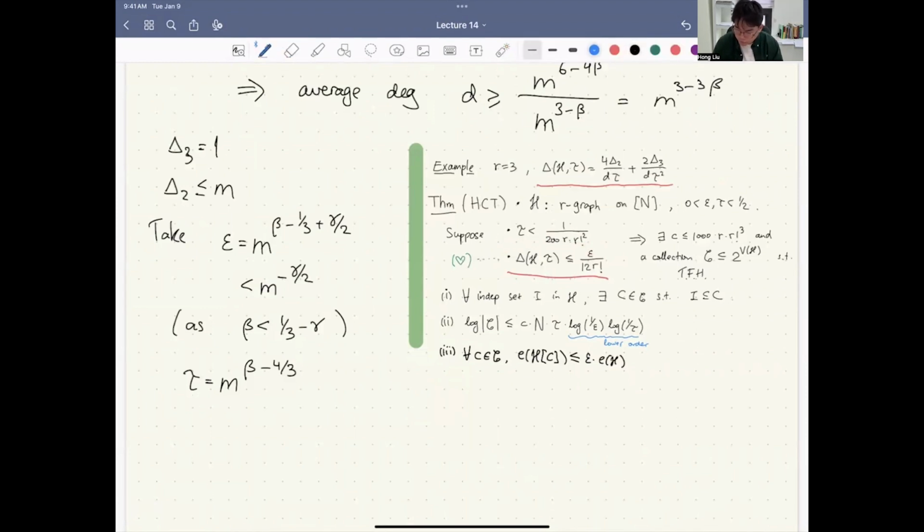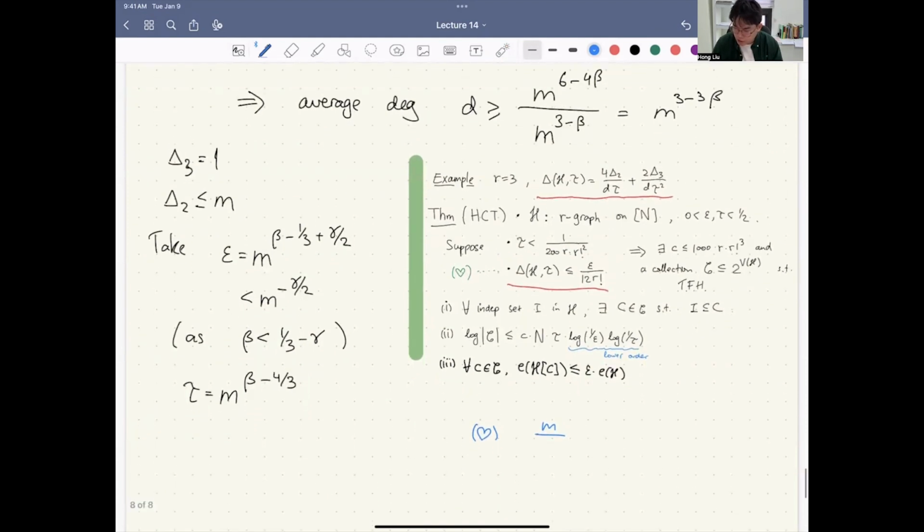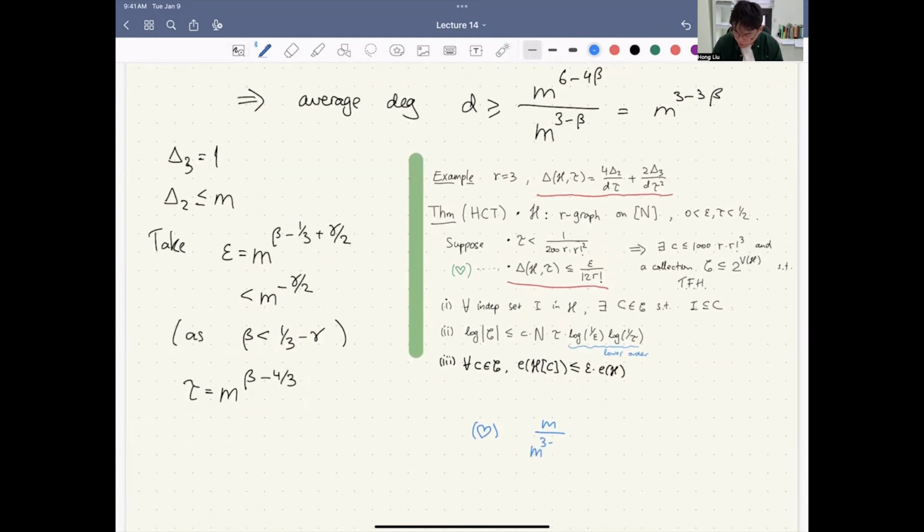So what you want is delta 2. Checking this, delta 2 is m over average degree d, which is m to the 3 minus 3 beta, plus delta 3 is 1, m to the 3 minus 3 beta, times tau. Let me write d tau.